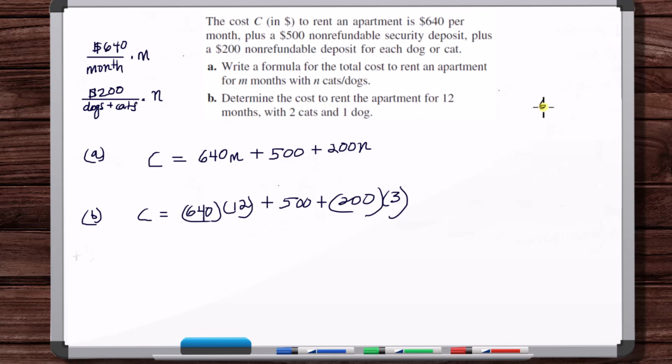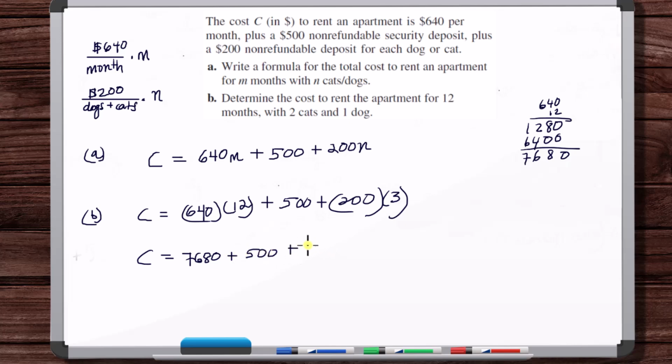Okay, so 640 times 12 is 7680, plus 500.